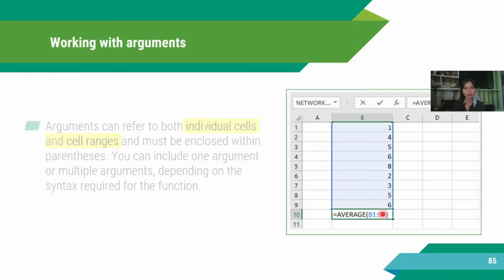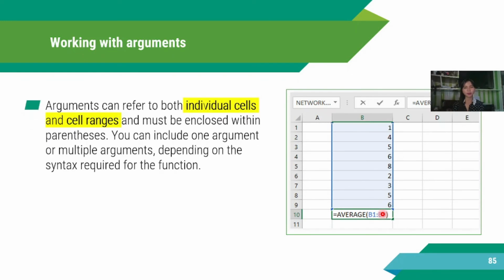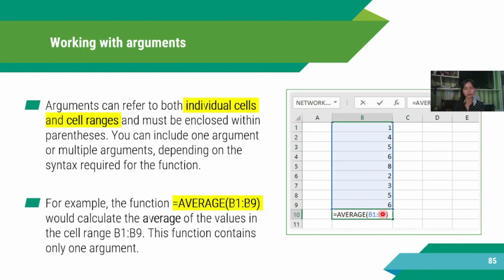Working with arguments. Arguments can refer to both individual cells and cell ranges and must be enclosed within parentheses. You can include one argument or multiple arguments, for example, the function equals AVERAGE(B1:B9). It would calculate the average of the values in the range of cells B1 to B9.